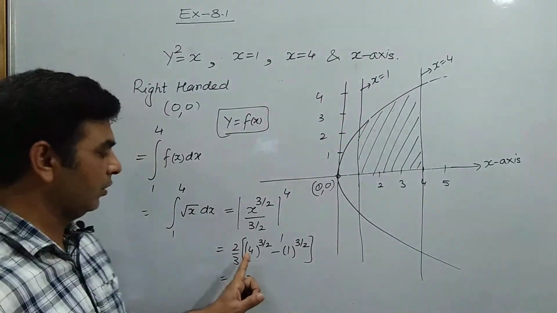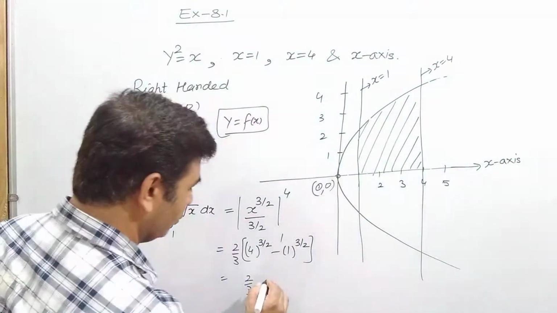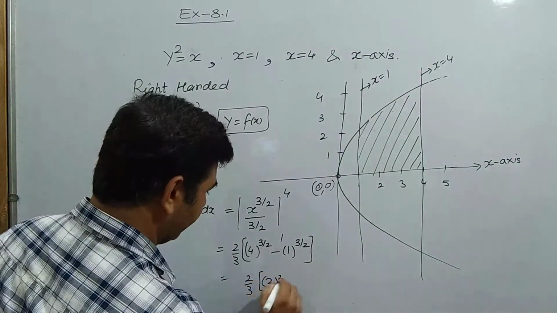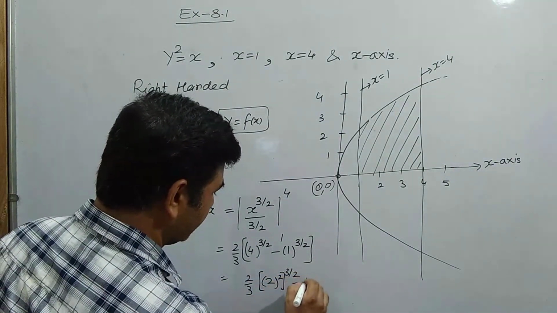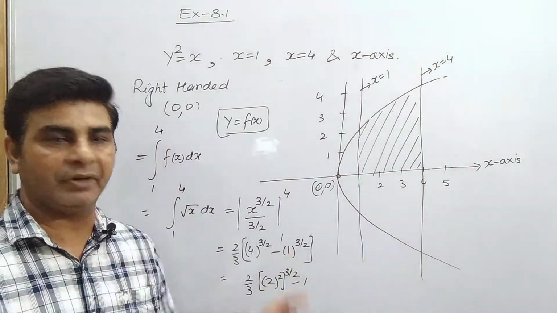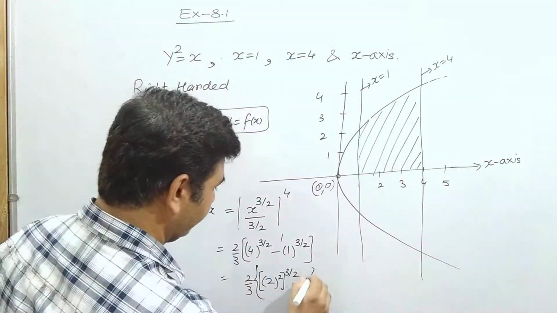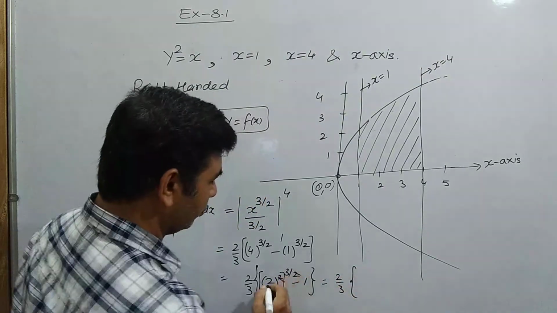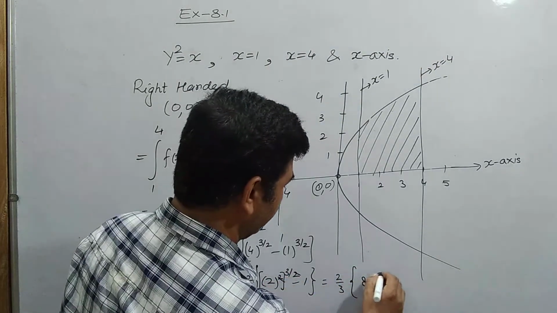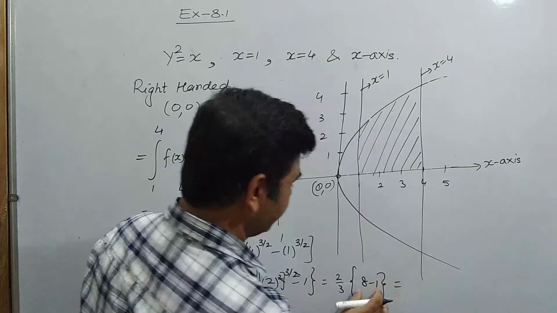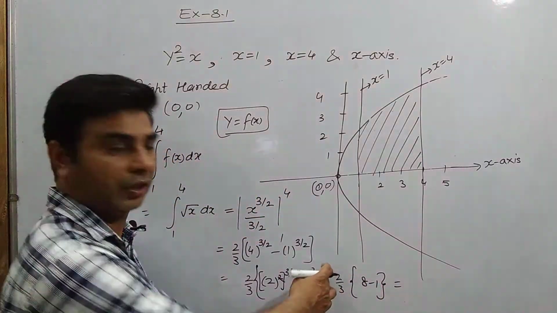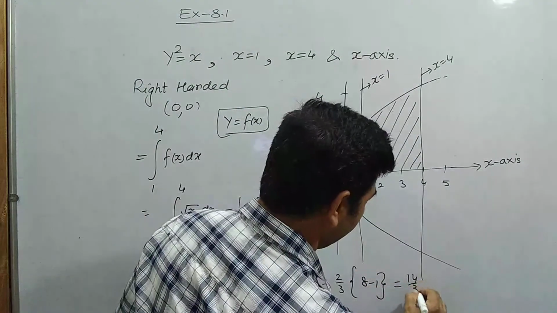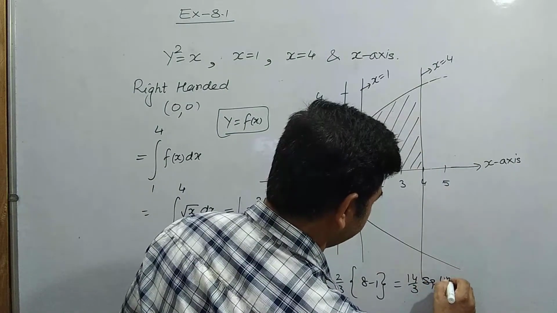of, this is your square of 2. So this is 2 square to the power 3 by 2 minus 1 to the power, anything will remain 1. So this is now given by 2 by 3 of 2 to the power 3, that is 8, minus 1, which is given by 7 multiplied by 2 by 3, that is 14 by 3 square unit.